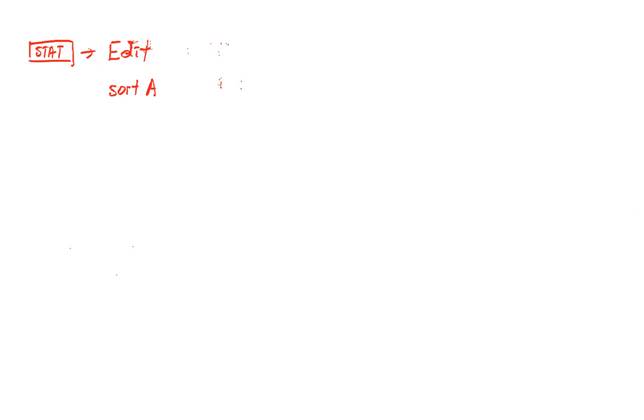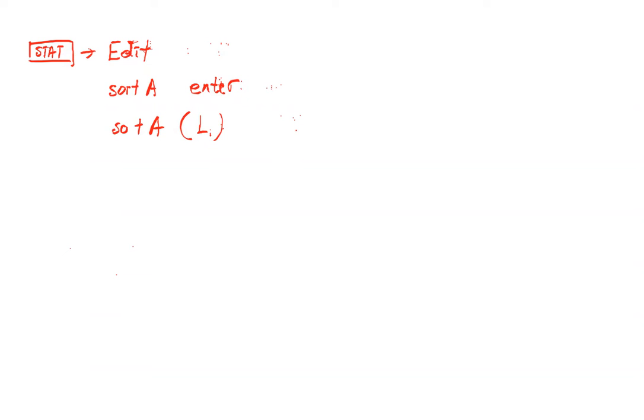When you press enter, you will have sort come out. Then you key in your column, L1. You know how to call out L1? You press second 1. Okay, then you press enter.